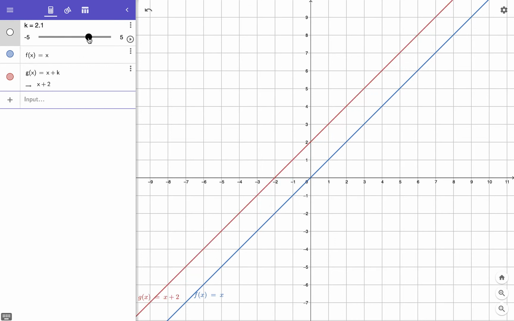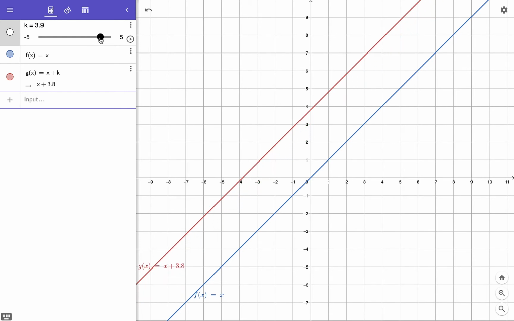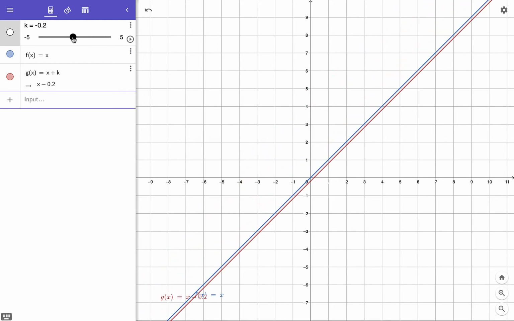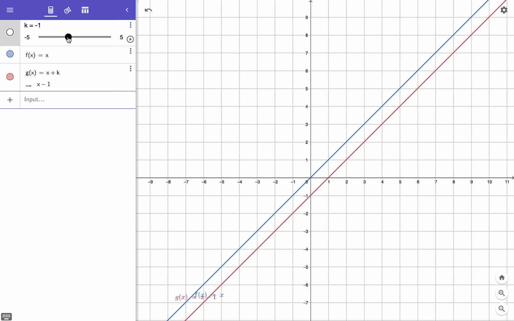If I increase the values, you can see it's shifting up to a y-intercept at 5, which is g of x equals x plus 5. Now, if k is negative, such as negative 1, the function is x minus 1. That's shifted down 1 unit.